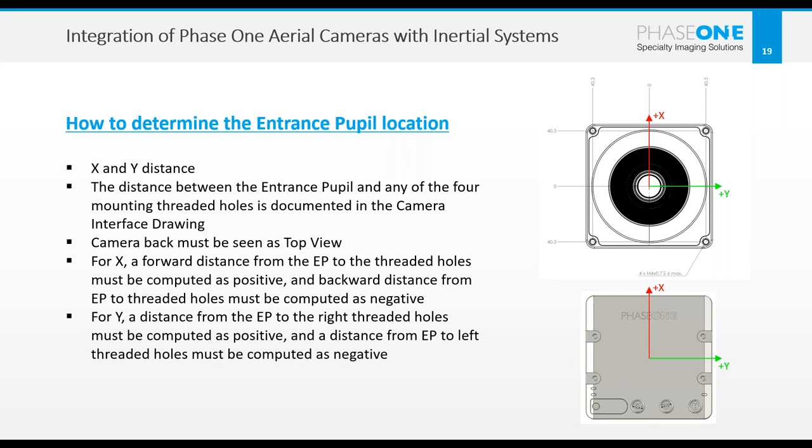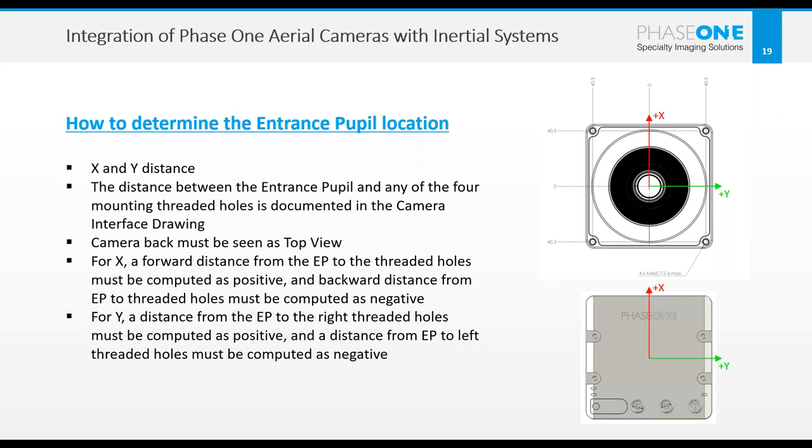So for X, a forward distance from the entrance pupil to the mounting holes must be computed as positive, and a backward distance from the entrance pupil must be computed as negative. The same for the Y-axis. Right represents positive and left represents negative.